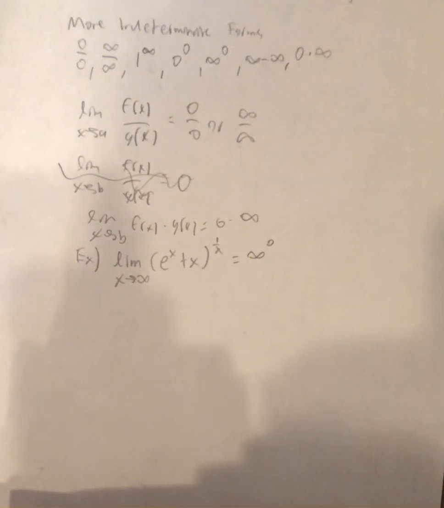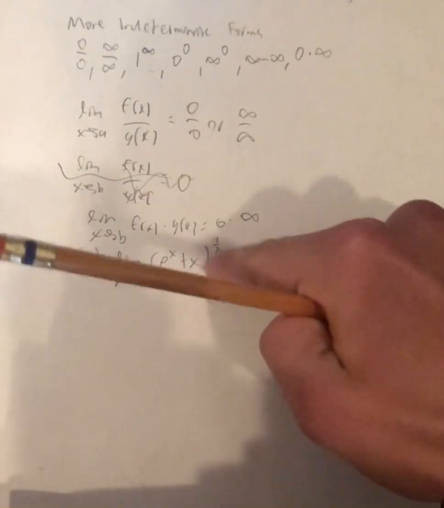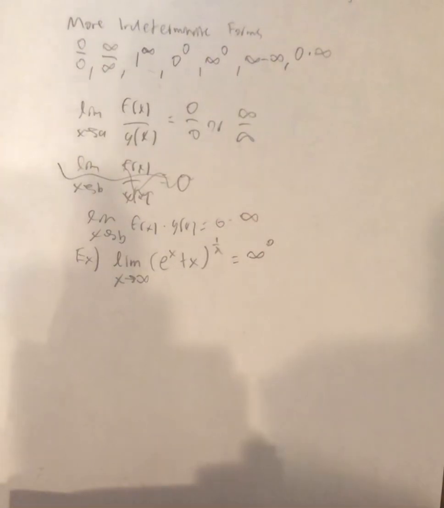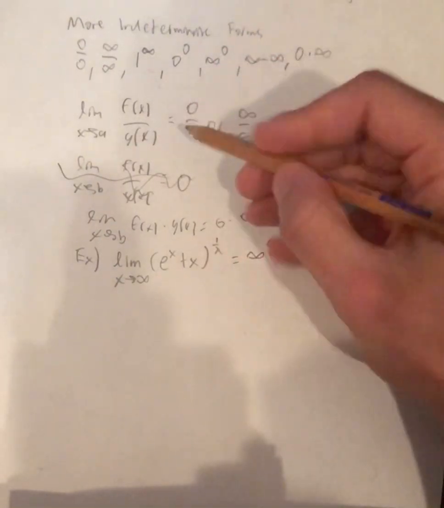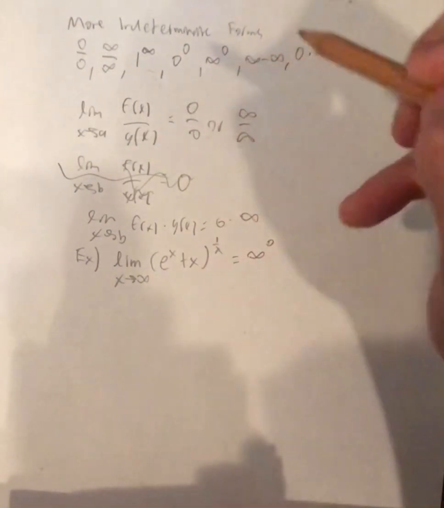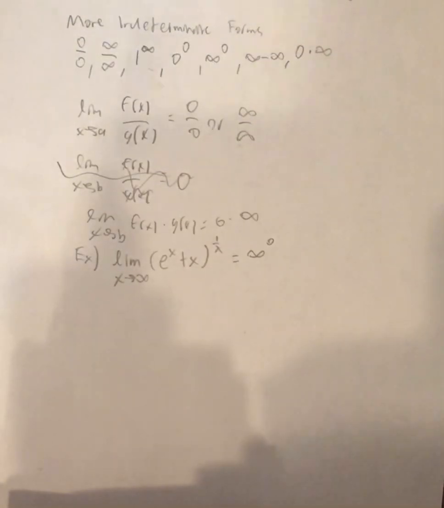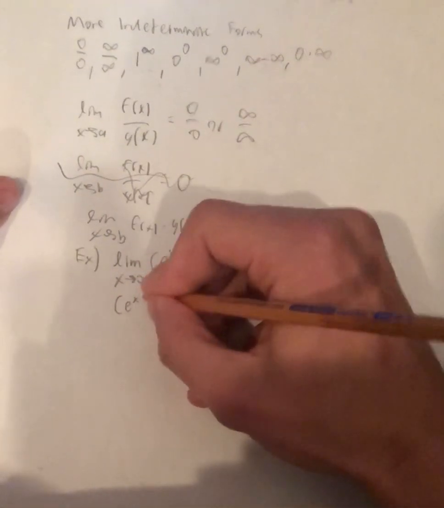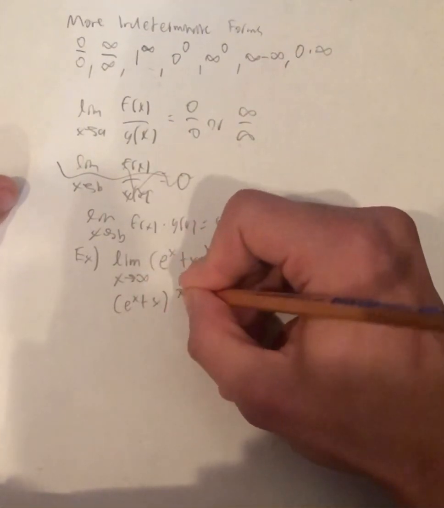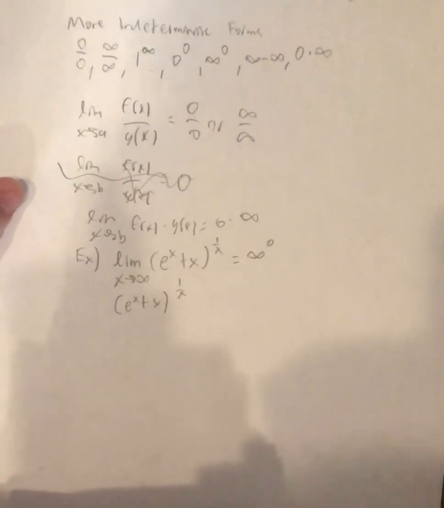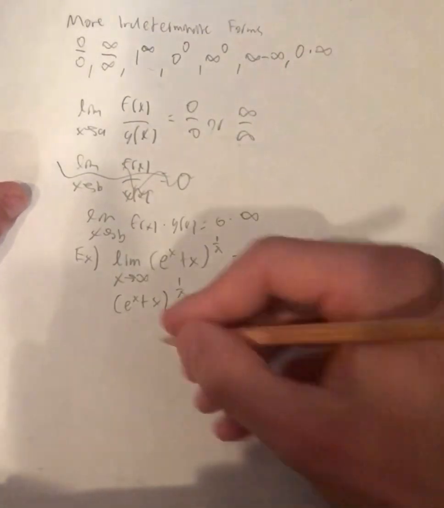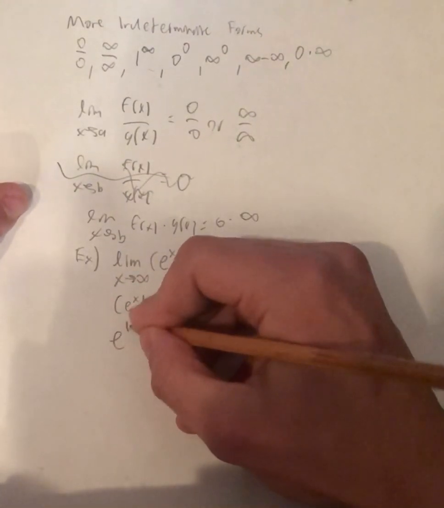Now, we can't just take the derivative of this. We have to do some work to get it into a form that is 0 over 0 or infinity over infinity before we can use L'Hopital's rule. So, a fancy little trick here: we can examine e to the x plus x, to the 1 over x, and raise it as e to the ln power.